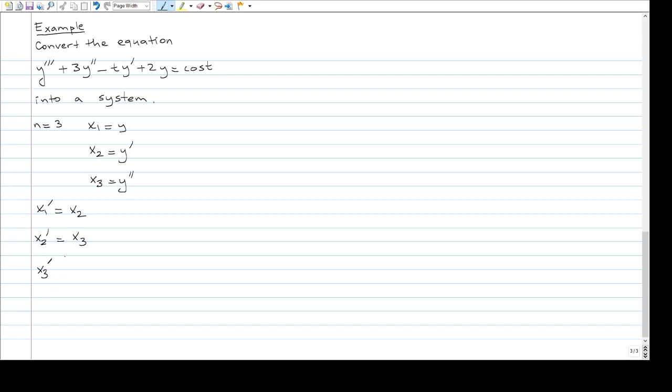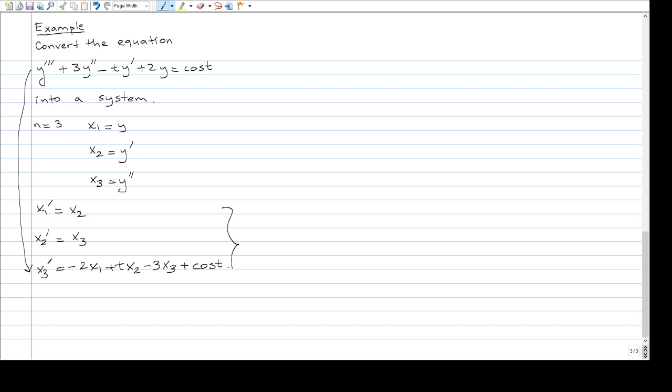And if I take derivative of x3, this is the third derivative of y. And from the equation, the third derivative of y is equal to minus 2y, but y is x1, plus t times y prime, but y prime is x2, minus 3y double prime, but y double prime is x3, and then plus we have cosine t.